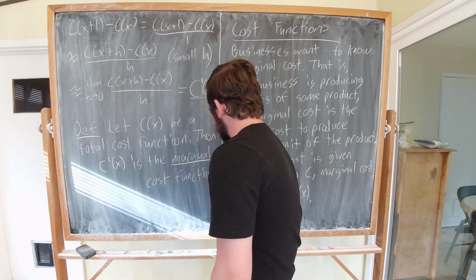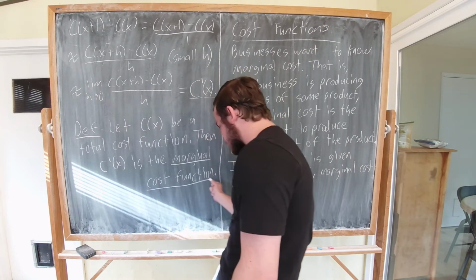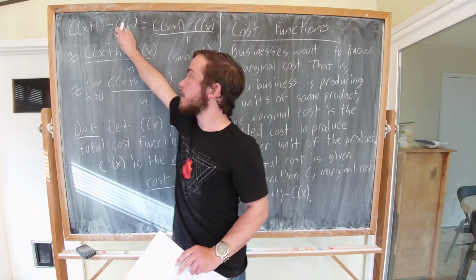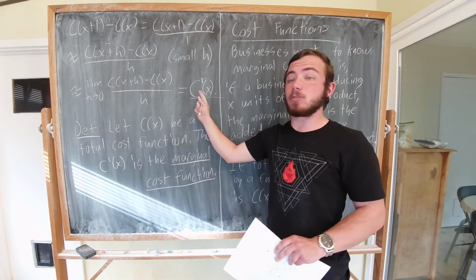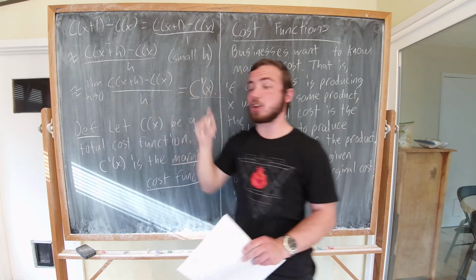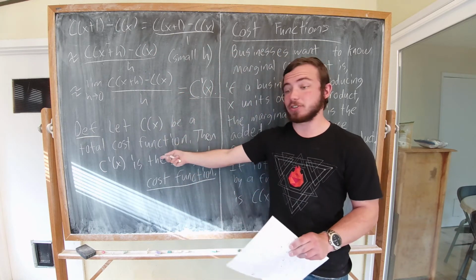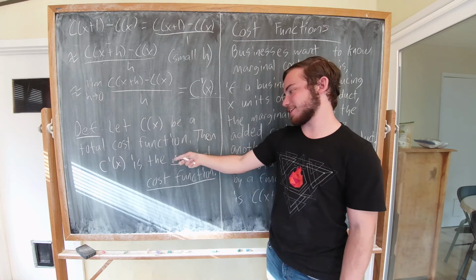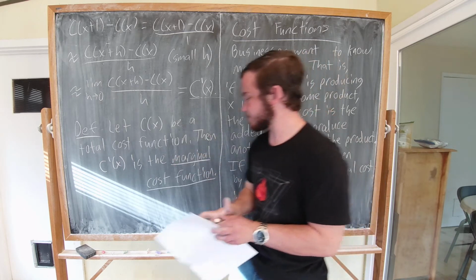Please note, C prime of x does not measure the actual marginal cost, right? This would be the actual marginal cost, but it approximates it well. These are close to each other numerically. This is easier to compute for computers most of the time. So yeah, marginal cost function.